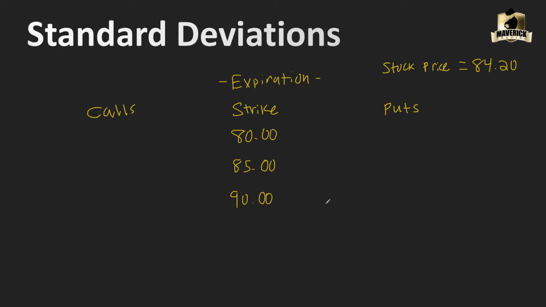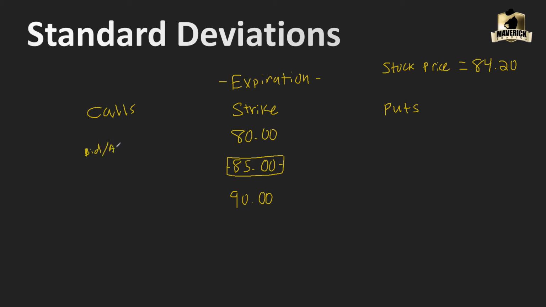What we're going to do is find the at-the-money strike, the strike price that is closest to the price of the stock. In this case, that's 85. We ignore all the other strike prices. Ignore all of them.